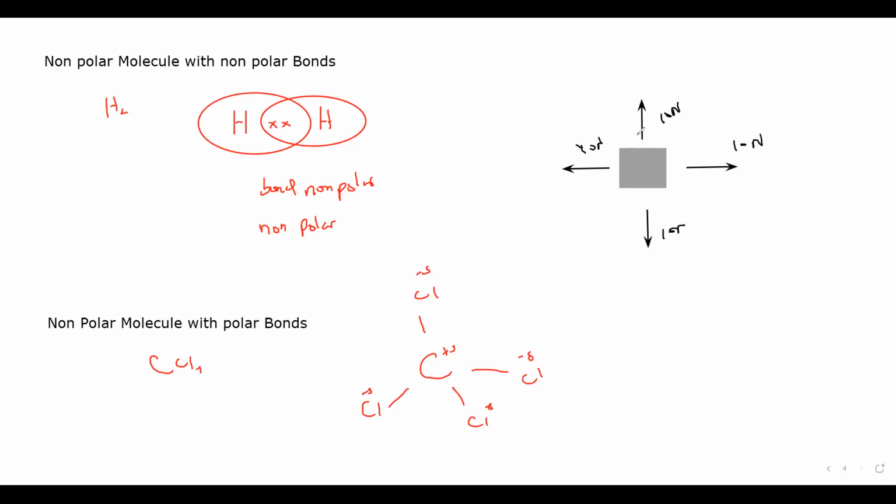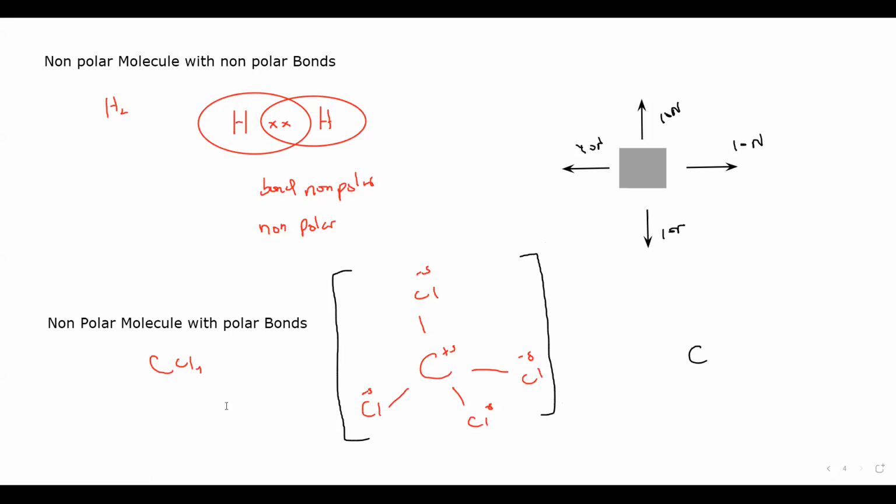The resultant will be 0. The same thing happens here: each chlorine atom attracts the electron pair, and because the molecule is symmetrical, there will be partial positive and negative charges, but the overall molecule does not have a resultant charge or distribution of charge.